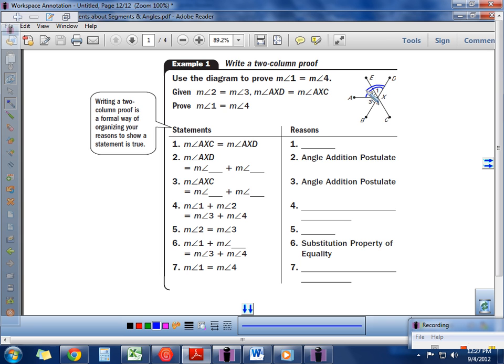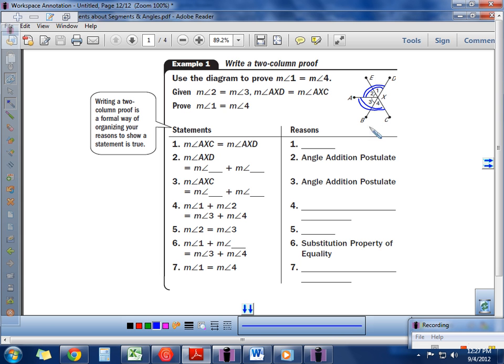So I'm going to put a double mark on AXD. And then I'm going to put the same mark on AXC. I'm going to separate them just a little bit to show you they're two separate angles. Those are the angles we're going to be talking about throughout this proof. I only did that because it was stated in the given.